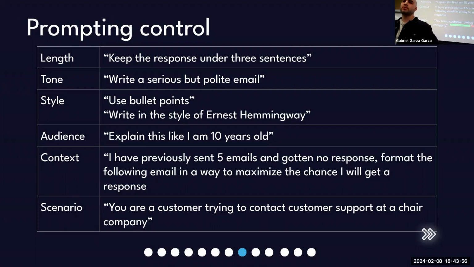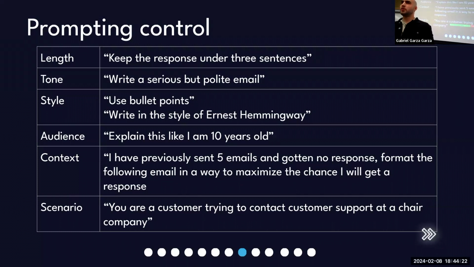Context, providing context will give you a better result, like I already mentioned. And scenario, if you want a specific scenario for a specific task, it's very useful to provide what scenario you want, right, in your current chat. Like, for example, yesterday I was studying for a biology exam today, and I said, ask me questions about these topics.